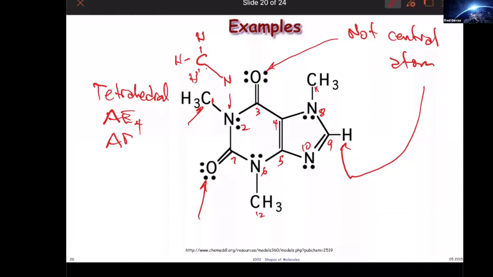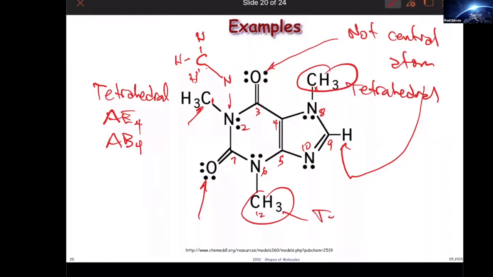So that's automatically tetrahedral. Likewise, this is tetrahedral. This is tetrahedral. It's that easy. Once you figure it out, you can see what the geometries of the central atoms are.